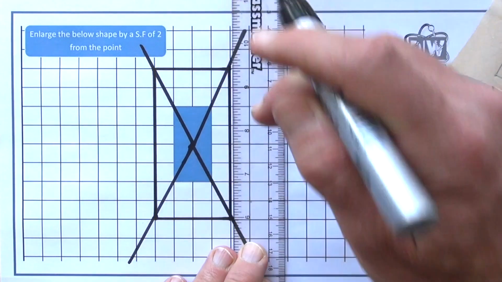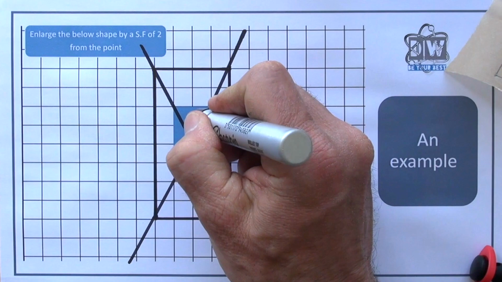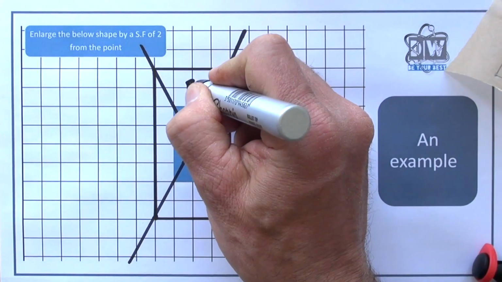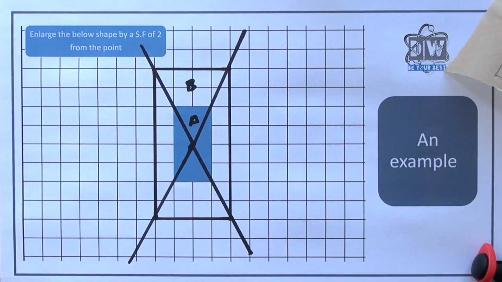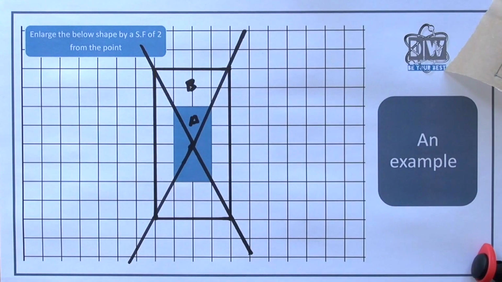And there we go. So we got there in the end. This one we would struggle to label, wouldn't we? But we could still label A and B, and we might need to shade that in. But we can see definitely that we've enlarged it from a point of enlargement by a scale factor of 2.